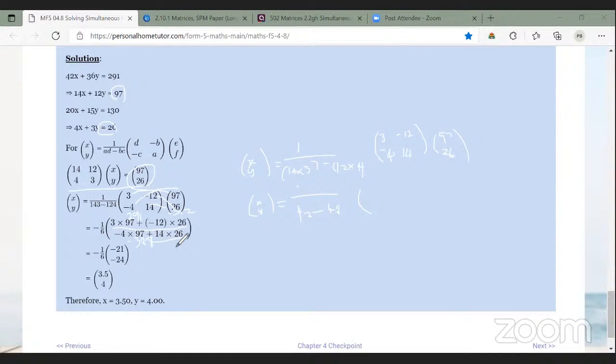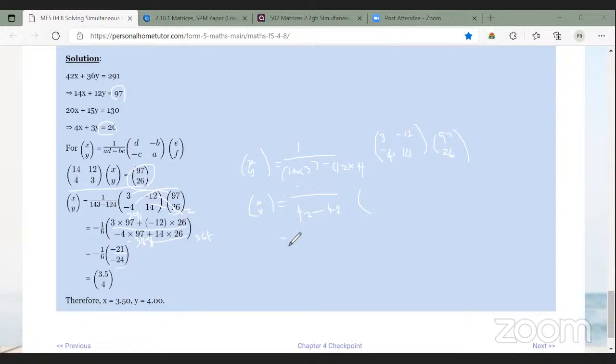And then 14 times 26, you would get 364. All right, so if we were to simplify that, 291 minus 312, you would get negative 21. And in here, negative 388 plus 364, you would get negative 24.